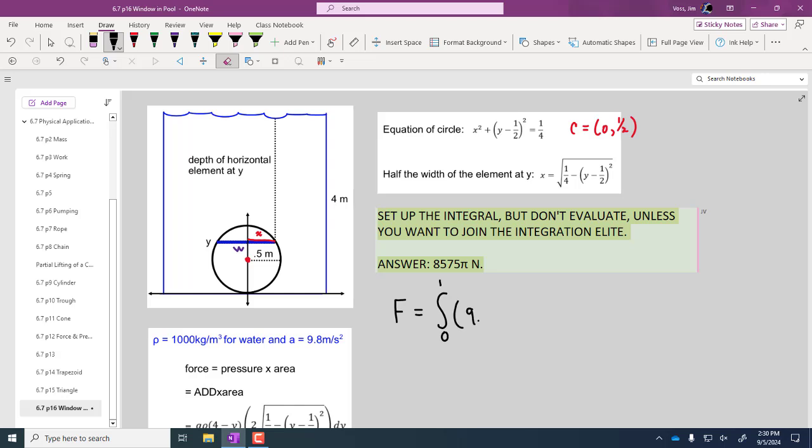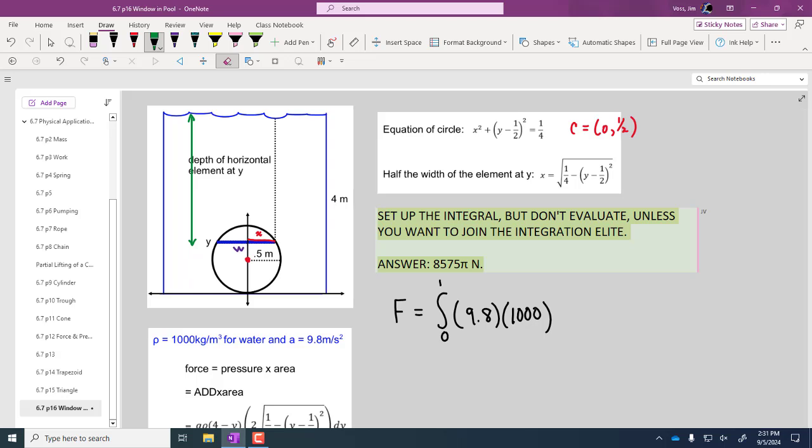And then we have ADD. ADD is acceleration, density, and depth. What's the depth going to be there? We want to know how far down this element is. So 4 minus y, is that what you said?